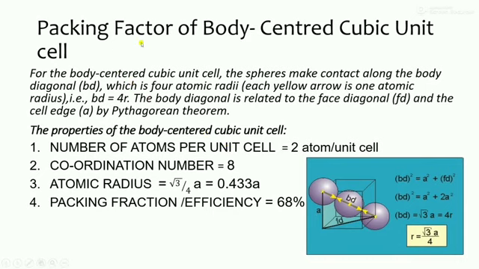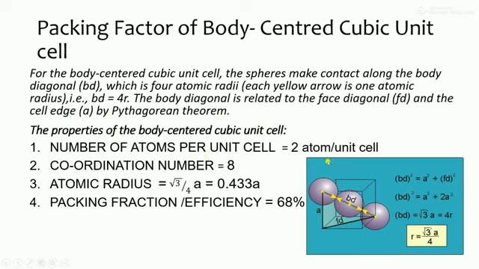Now we'll move on to the packing factor of body-centered cubic unit cell. For the body-centered cubic unit cell, the spheres make contact along the body diagonal BD, which is 4 atomic radii, each yellow arrow an atomic radius, that is BD equals 4R, as shown in the figure. The body diagonal is related to the face diagonal FD and the cell edge a by Pythagoras theorem.